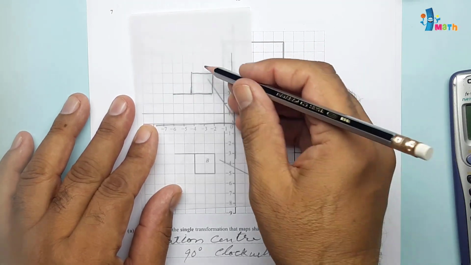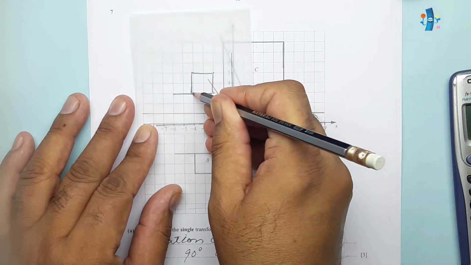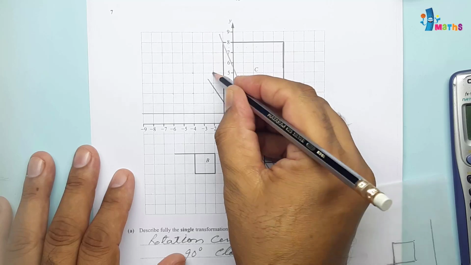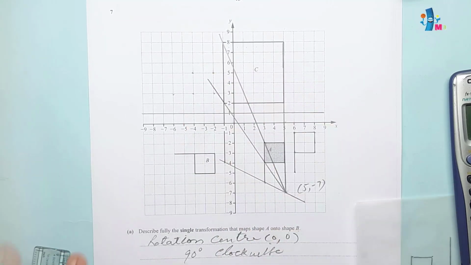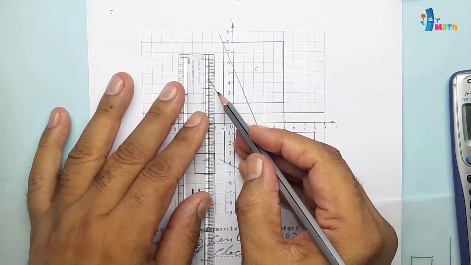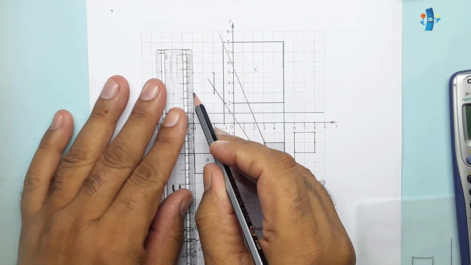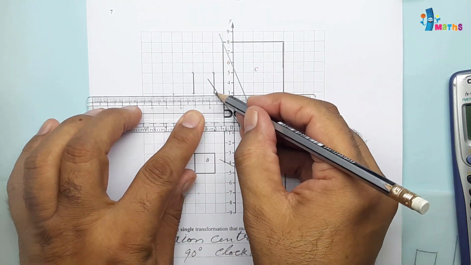So this will be the new location. We can mark here by the pencil and over here, and then we can put dots and join them. This is reflection or mirror transformation.